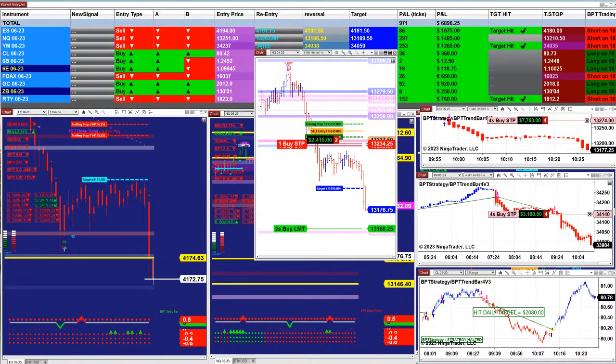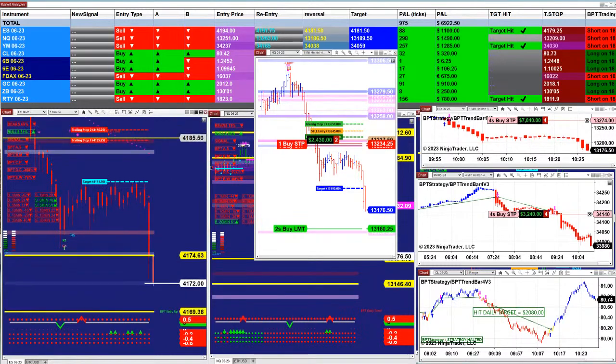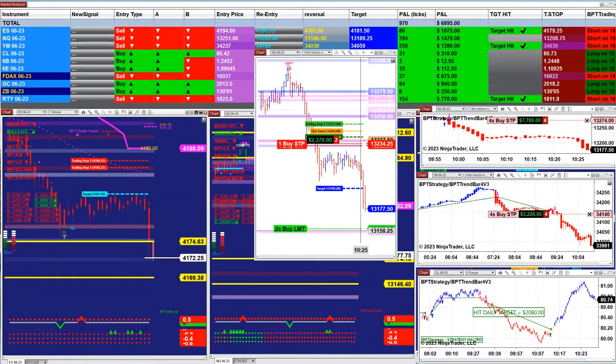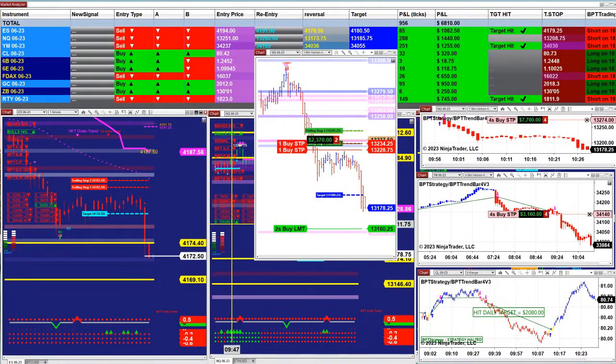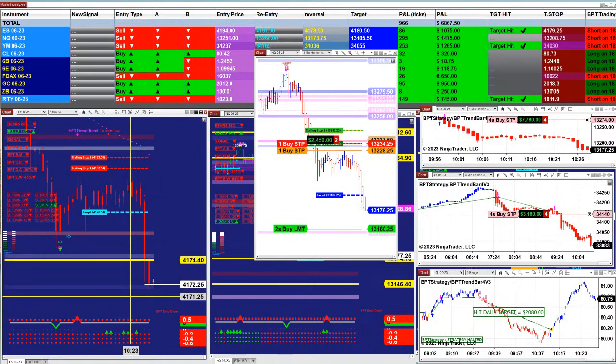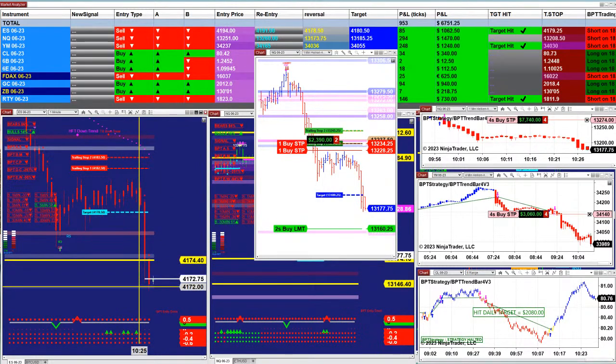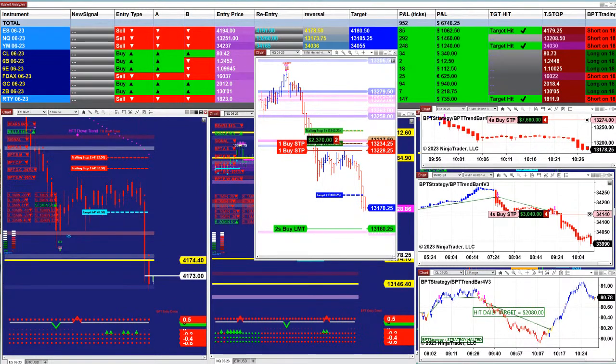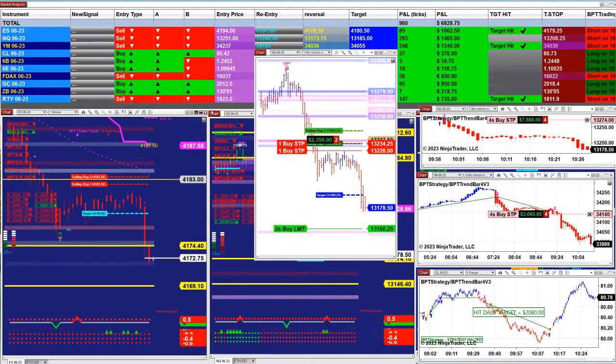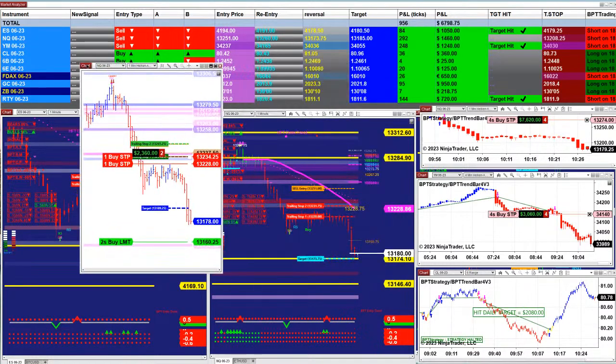Look where the ES stopped. It's going straight to my target, 131.62. Look where the ES stopped. Where did we estimate the Nasdaq is coming?